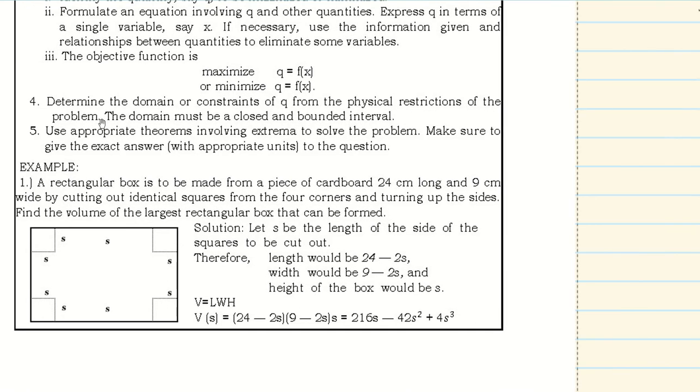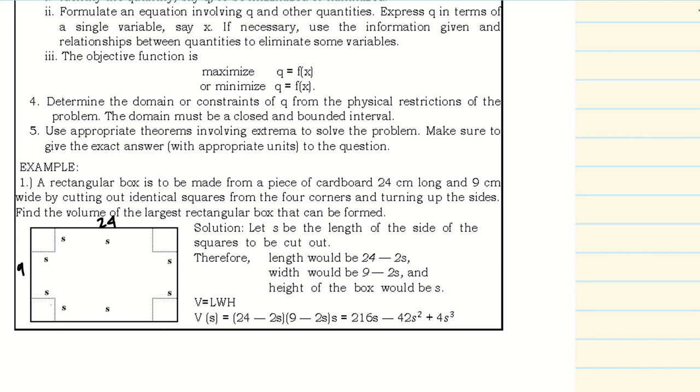So we have here a rectangular box to be made from a piece of cardboard 24 centimeters long, so this is 24 centimeters here, and 9 centimeters wide, so this is 9 centimeters, by cutting out identical squares from the four corners, as you can see here.